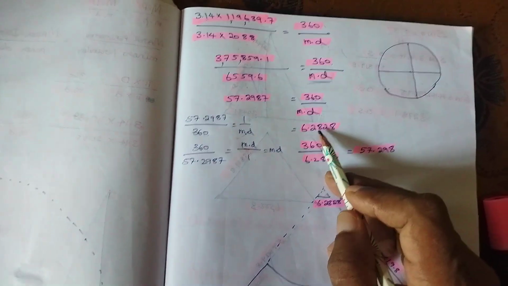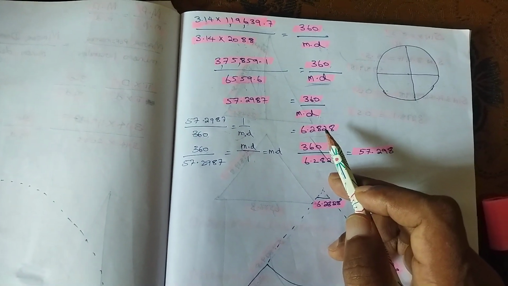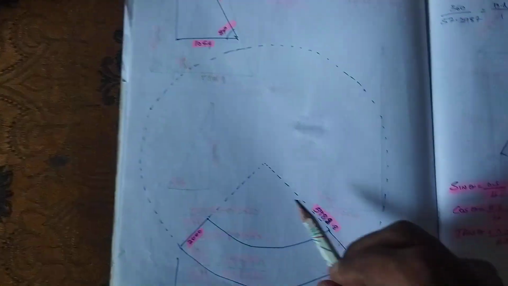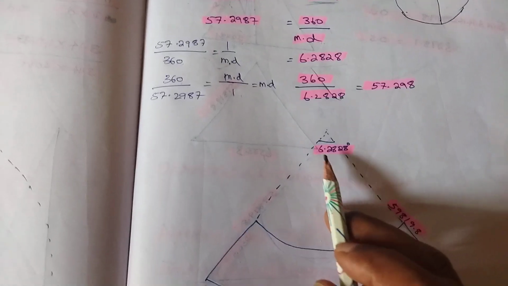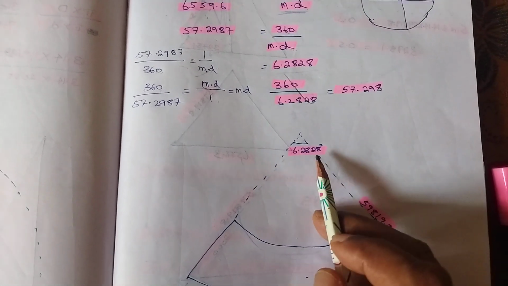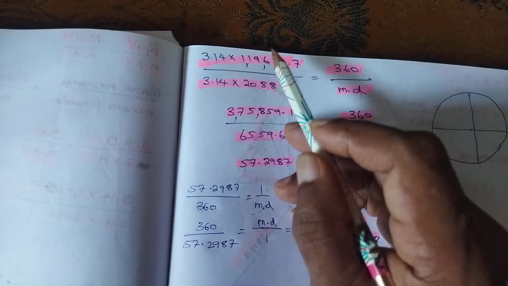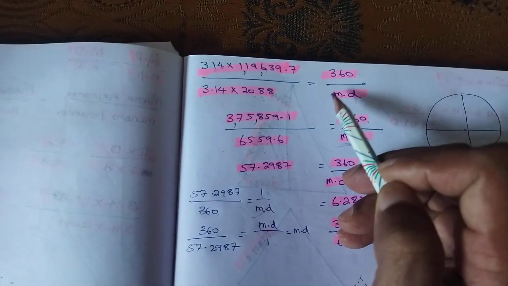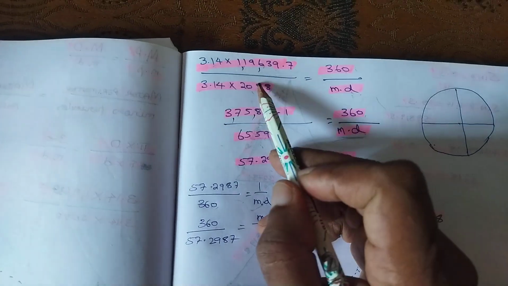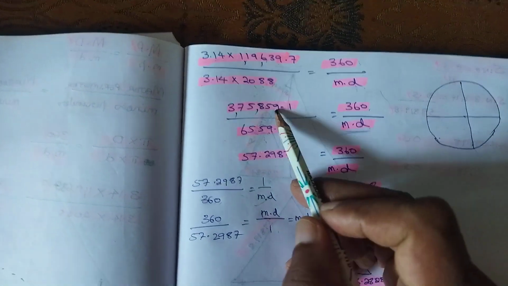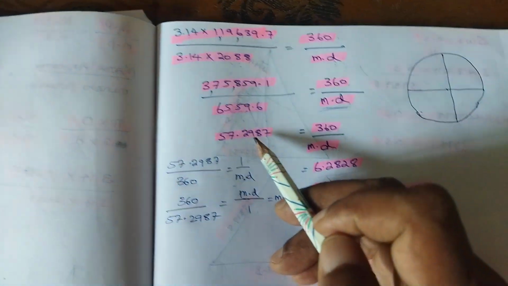6.2828. Remember this, we got the degree of this portion, 6.2828. It has been written here. Above, earlier I told its value will be a constant. We multiplied this one, and its constant has become 57.2987.